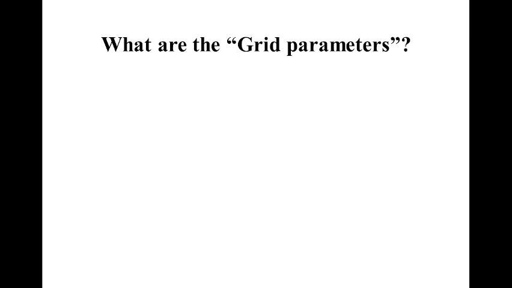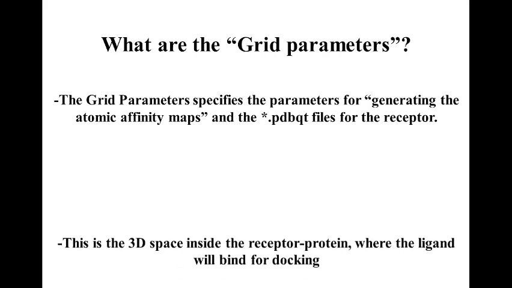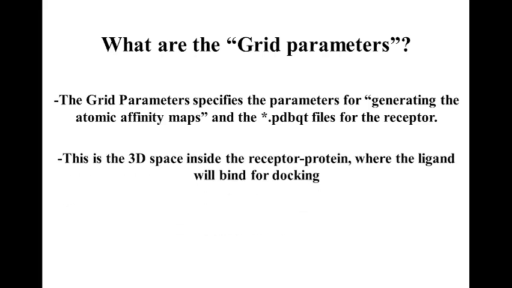Before going to generating grid parameter files, let me show what the grid parameters are. The grid parameter specifies the parameter for generating the atomic affinity maps and the PDBQT file for the receptor. This is the 3D space inside the protein receptor where the ligand will bind for docking.